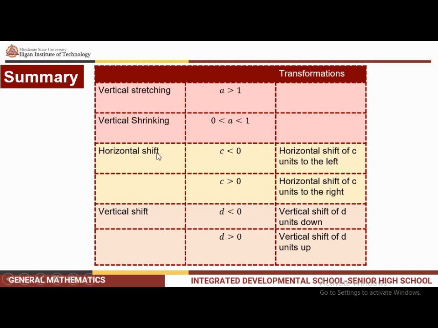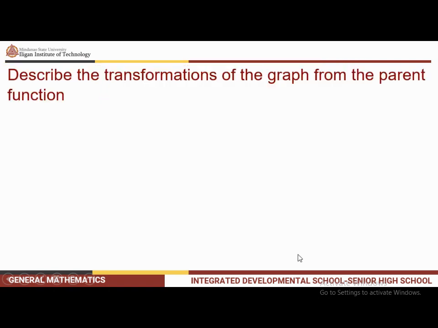For shifting horizontally, when C is less than 0, there would be a horizontal shift of C units to the left. When C is greater than 0, you'll have a horizontal shift of C units to the right. When D is less than 0, you have a vertical shift of D units down. When D is greater than 0, you'll have a vertical shift of D units up.